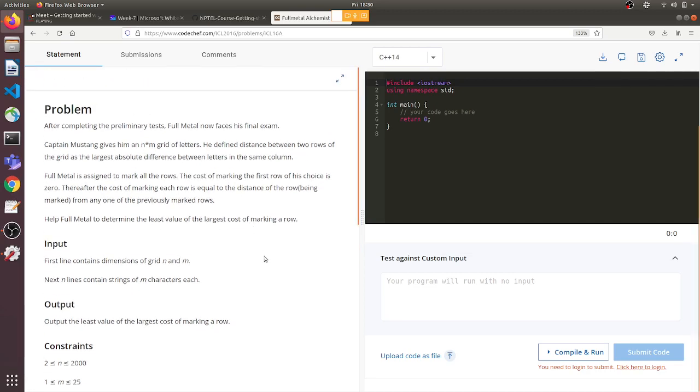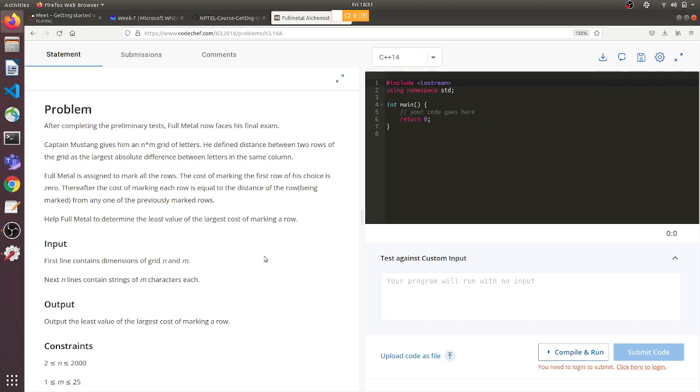Let's see. So the problem is, after completing the preliminary test, Full Metal now faces this final exam. Captain gives him an n cross m grid of letters. He defined the distance between two rows of the grid as the largest absolute difference between letters in the same column.